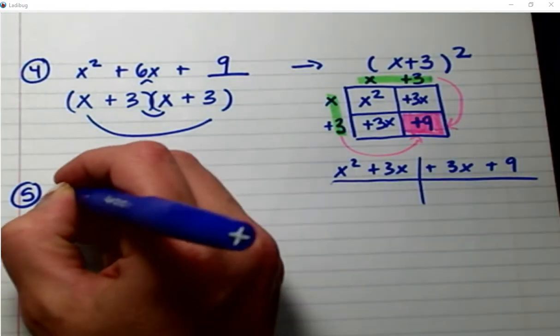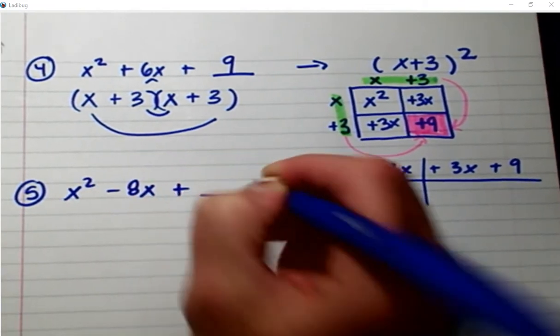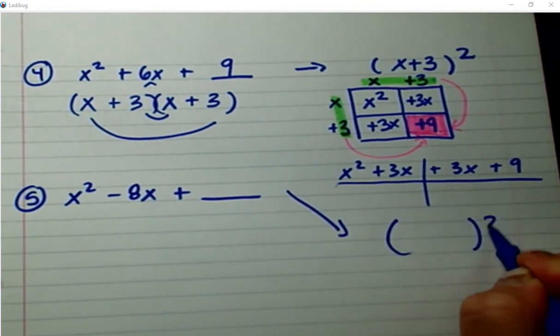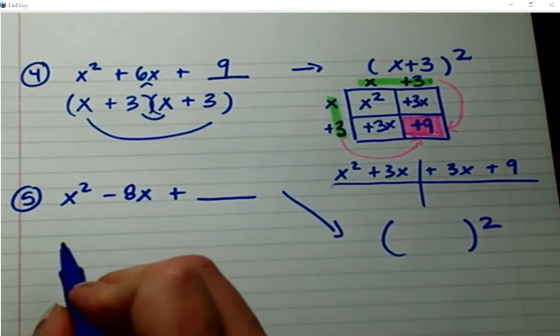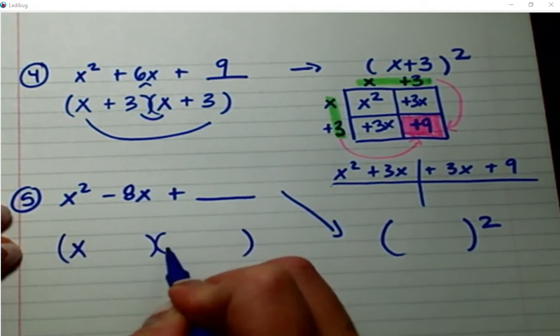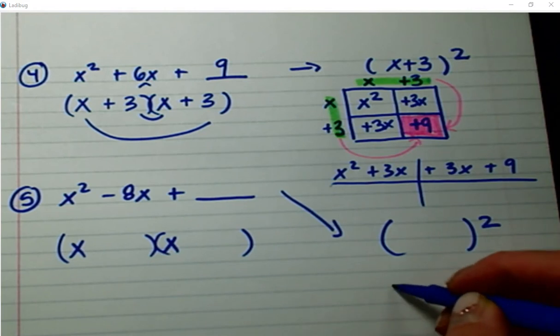Let's do another one. X squared minus 8x plus what will make this a perfect square trinomial? All right, so I'm just writing out my factors here to help me think about it. I can write out my box, right?